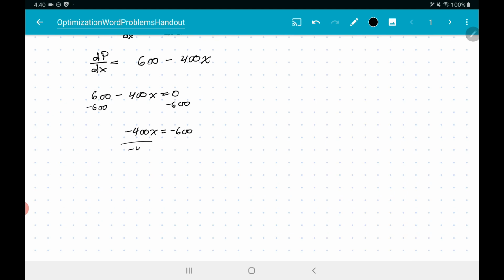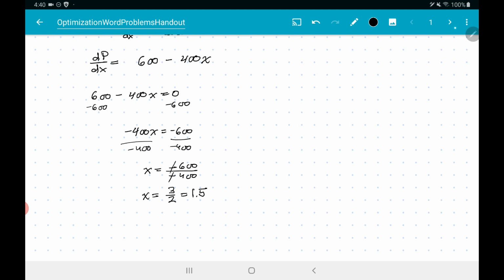Then divide by negative 400. That leaves us with x equals negative 600 over negative 400. Be careful not to lose a minus sign while you're doing that. We'll get a double negative simplification, and if you like, you can simplify this all the way down to 3 over 2, which you can express in decimal form as 1.5.